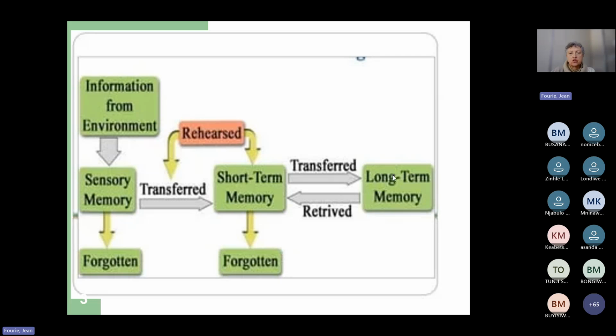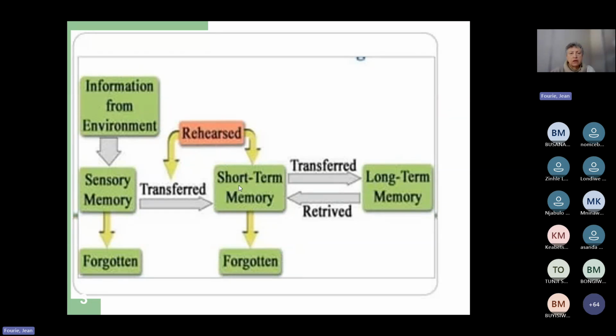This encoding, transferring takes place into long-term memory, and often we are not aware of what is happening in long-term memory until such time as information is retrieved, recalled, brought back from long-term memory into the short-term conscious awareness place where we work with this information.